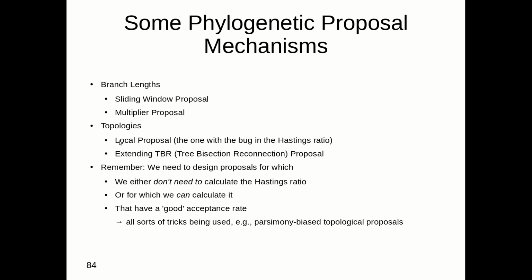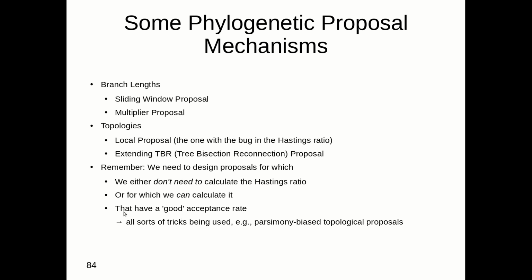Then I will talk about two topological proposals, which are of course also very important. And just to keep in mind, we need to design proposals for which we either don't need to calculate a Hastings ratio or for which we can calculate it. We also want to design proposals that have a good acceptance rate, so the target is around 25%.